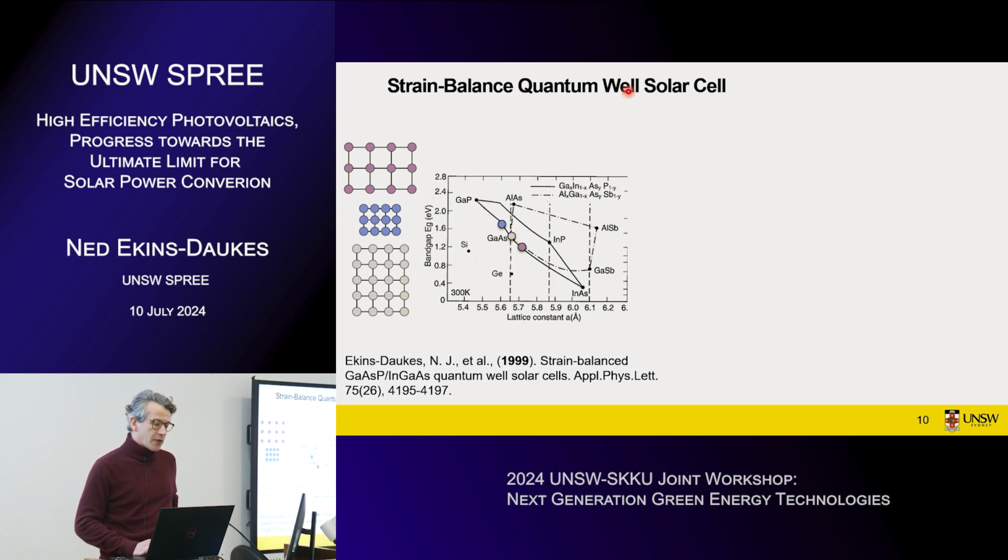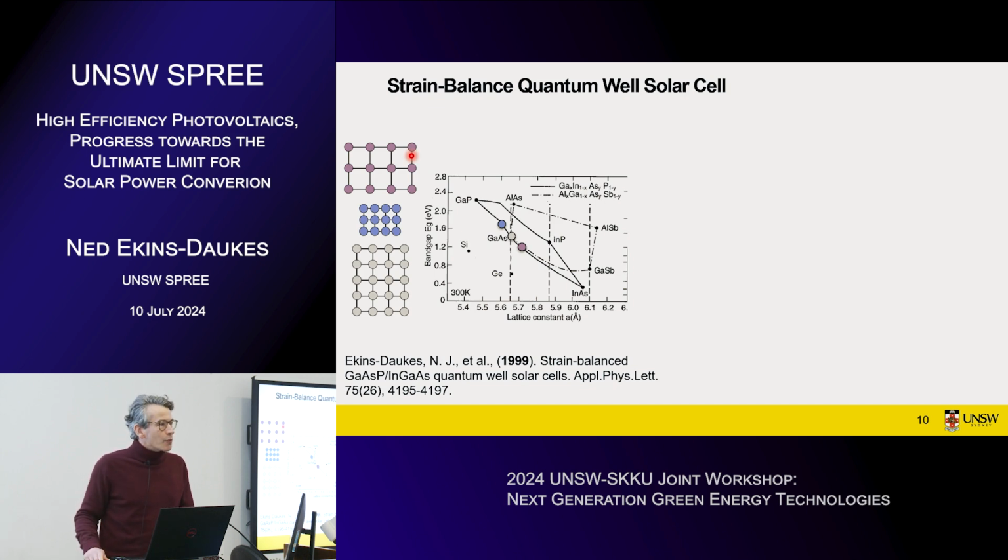We called it a quantum well solar cell, but the quantum bit doesn't really matter here. What we're doing is just combining bilayers, only about 8-10 nanometers thick, to make something that has the electronic properties of something in between and the structural properties of something in between.